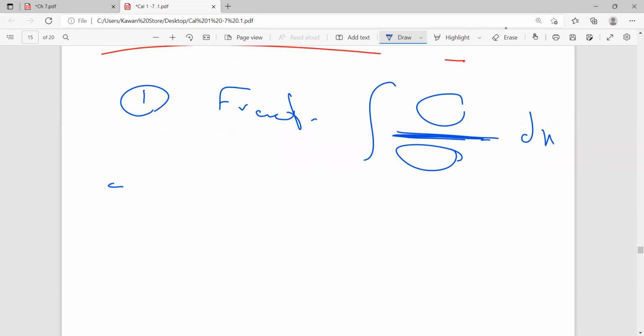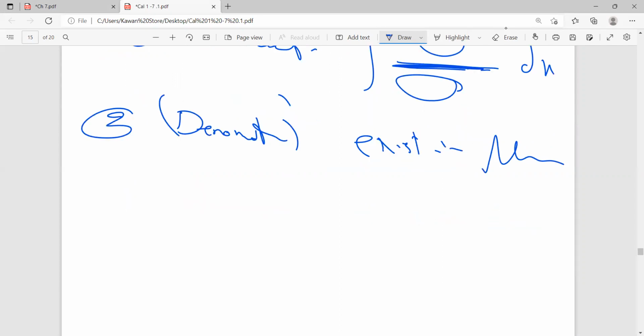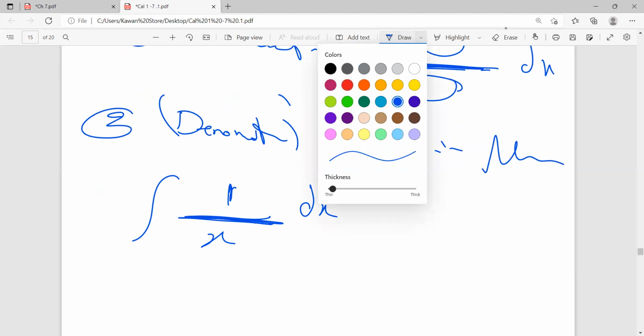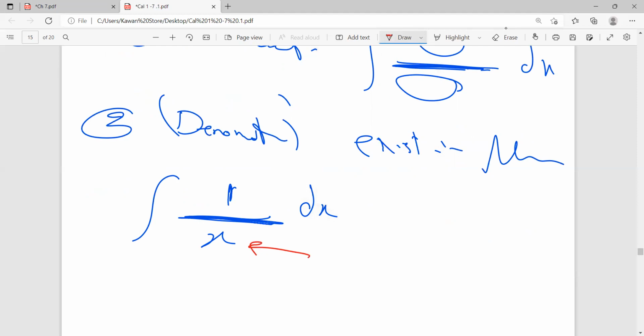The first is the fraction. The second is that the derivative of the denominator exists in the numerator. What do you mean by that? For example, I have x dx over x squared. Now I have a fraction, am I right? The derivative of the denominator is 2x. If you say u equals x squared, then du is 2x dx, so the derivative exists in the numerator.